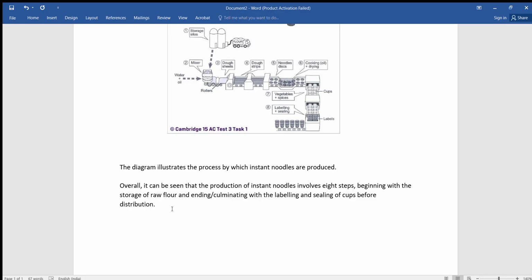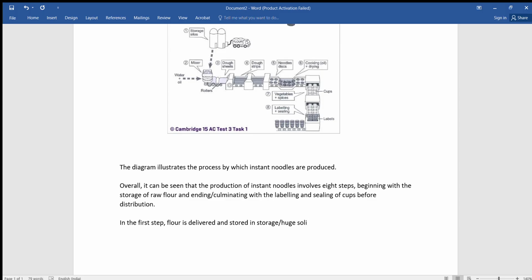So you can say that in the first step, flour is delivered and stored in storage or huge silos.